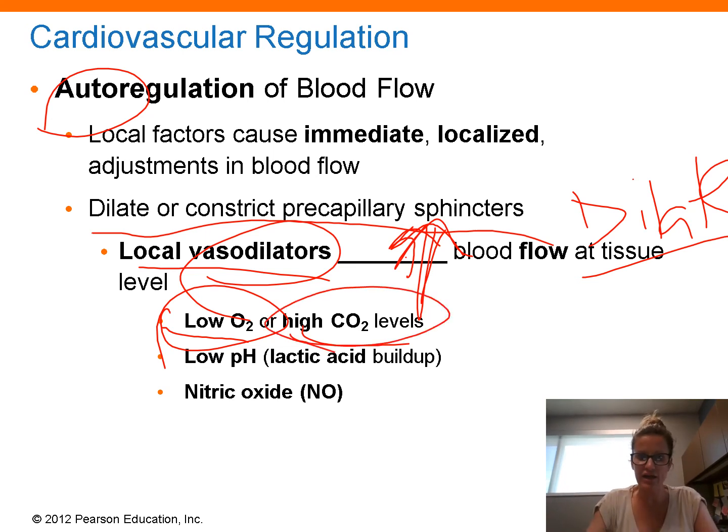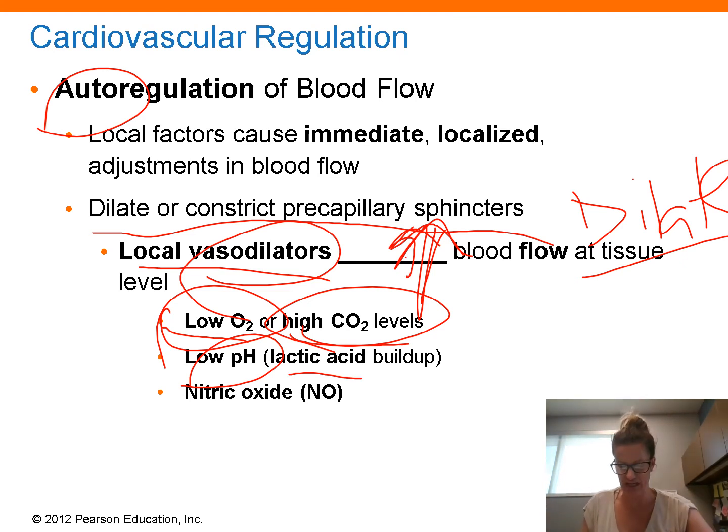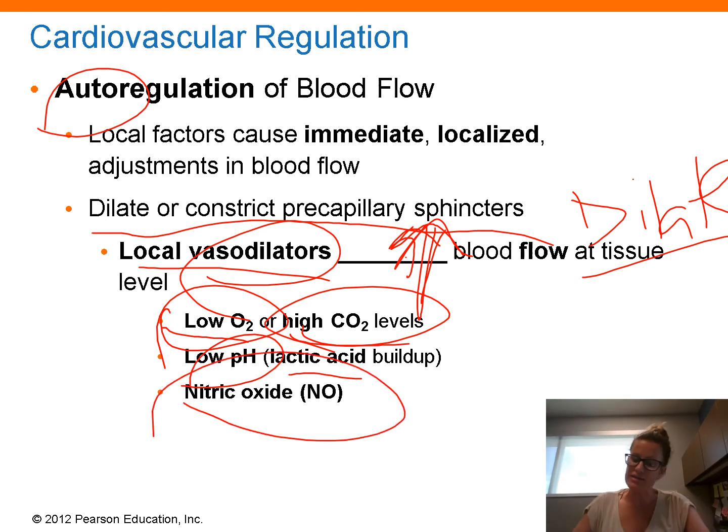Or if the area has high levels of CO2, hypercapnia, that would also cause more blood flow in that area. A low pH, if the pH becomes too acidic, for example, because of lactic acid buildup, which occurs when your muscles are really active and they have to start producing ATP anaerobically. Remember, lactic acid can build up. That's another thing that would increase blood flow to that area. And then also nitric oxide. Nitric oxide is a local vasodilator.